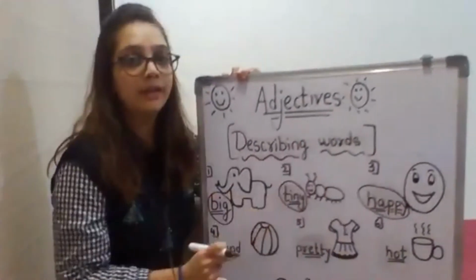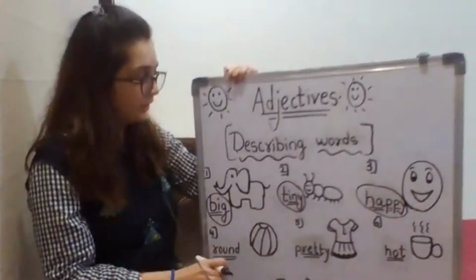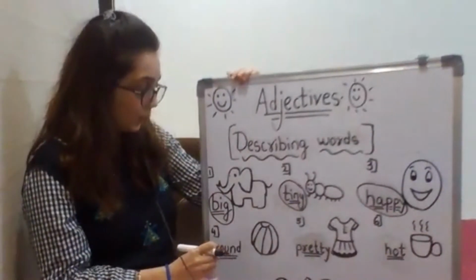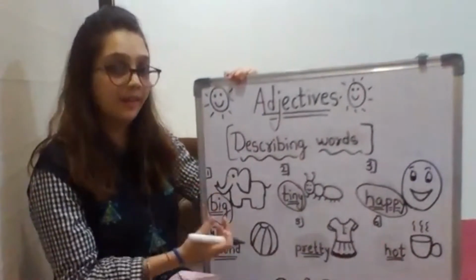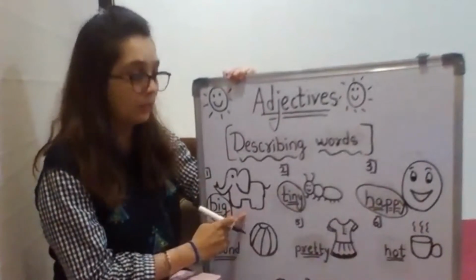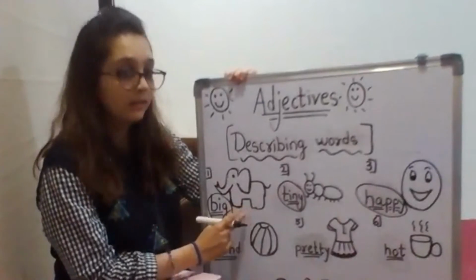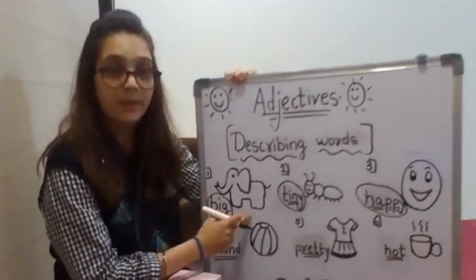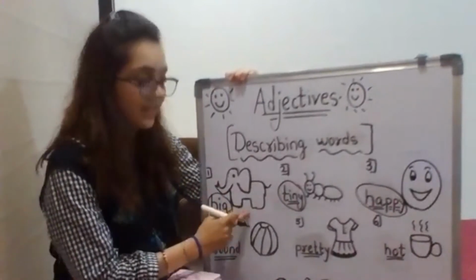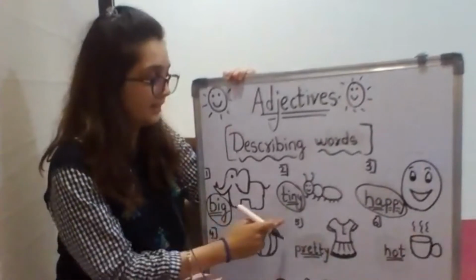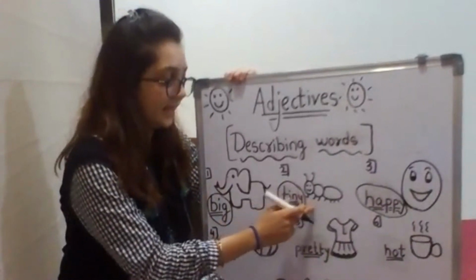Let's do this again. Adjectives are basically when the words are describing a noun. Over here, elephant is a noun. That's why the word big is describing elephant. Big elephant. Next is tiny ant.